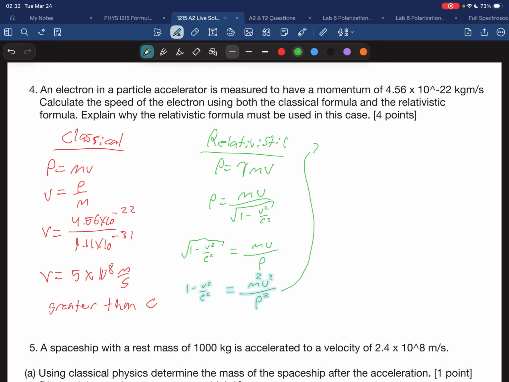I'm going to add v squared over c squared to both sides. I'm going to factor out my v squared, sorry. I'm going to divide everything by what's in the brackets.